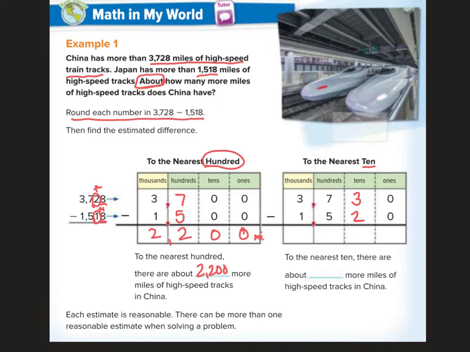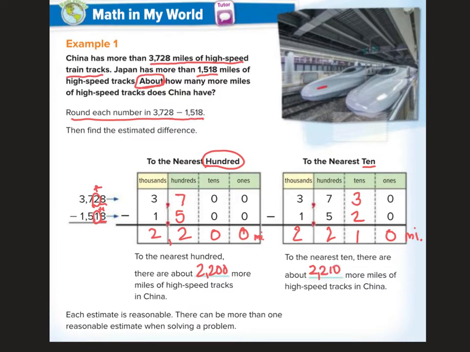So now we subtract. 0 minus 0, 3 minus 2, 7 minus 5, 3 minus 1, 2,210 miles. So to the nearest 10, there are about 2,210 more miles of high-speed tracks in China.